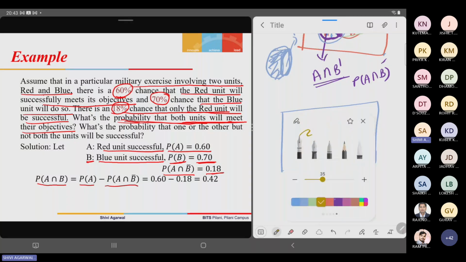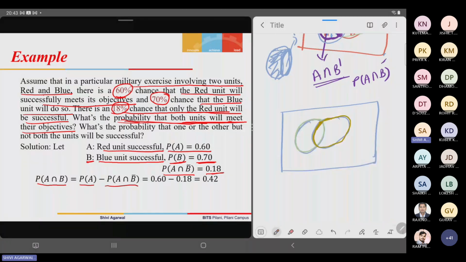Only A, where B is not there, is A intersection B complement. And this overlapping part is A intersection B.